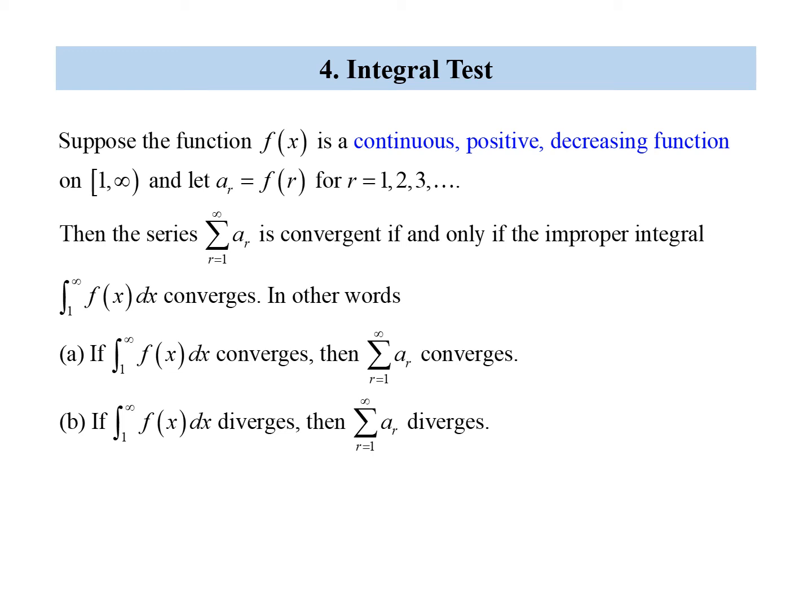Then the series of a_r as r equals 1 to infinity converges if and only if the improper integral of f(x) dx from 1 to infinity converges.